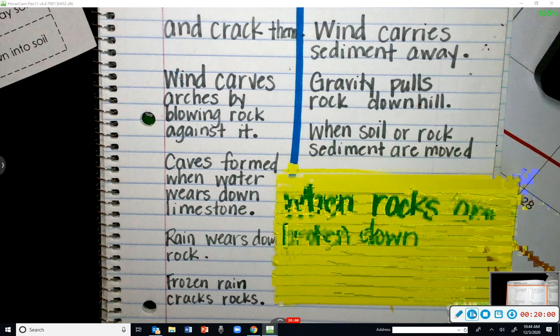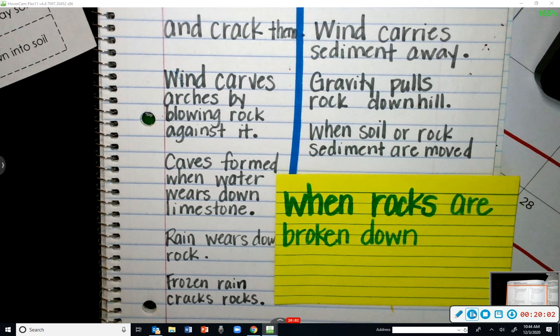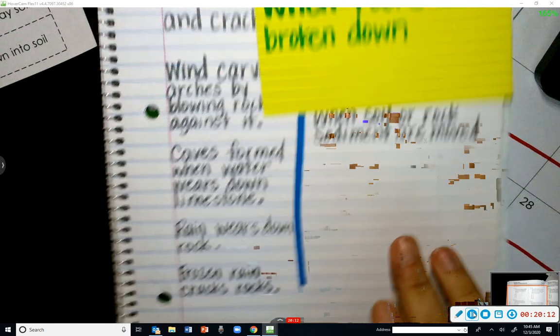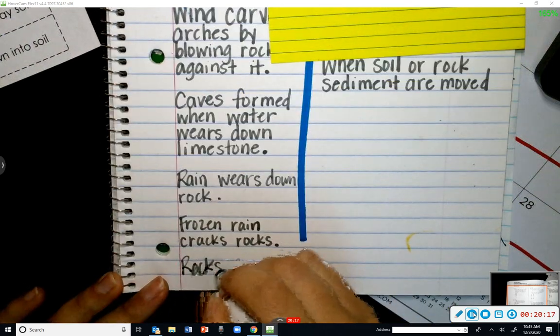When rocks are broken down. What is it? Weathering. Good. Everyone says weathering. Lots of weathering examples.